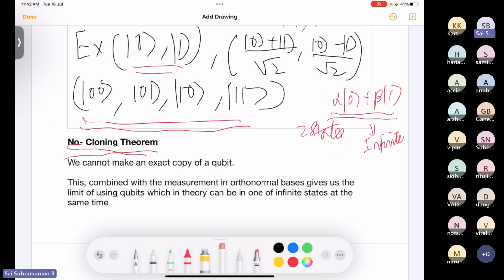Since we cannot copy a qubit, and each qubit we can only measure once, and the measurement is only in an orthonormal basis, this is the limit of using qubits in quantum computing, even though we have infinite states we can access. This is why we can't just magically use all infinite states and make all computations in one qubit.